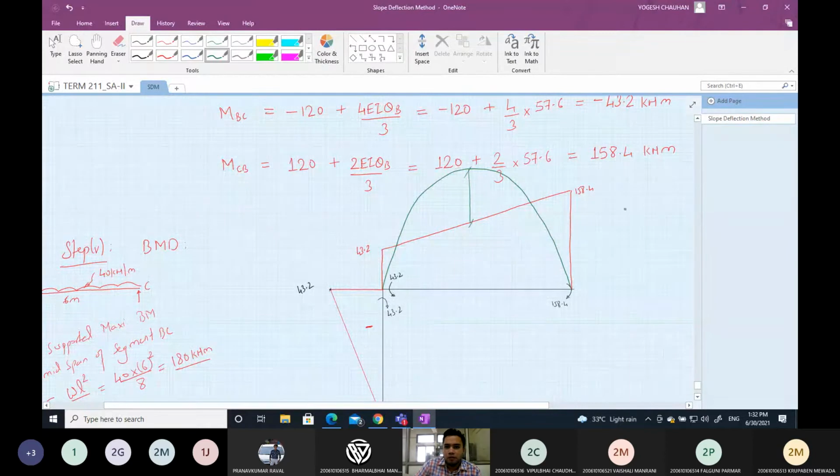So this will be 180 minus, you take the average of these two, that will be 158.4 plus 43.2 by 2.